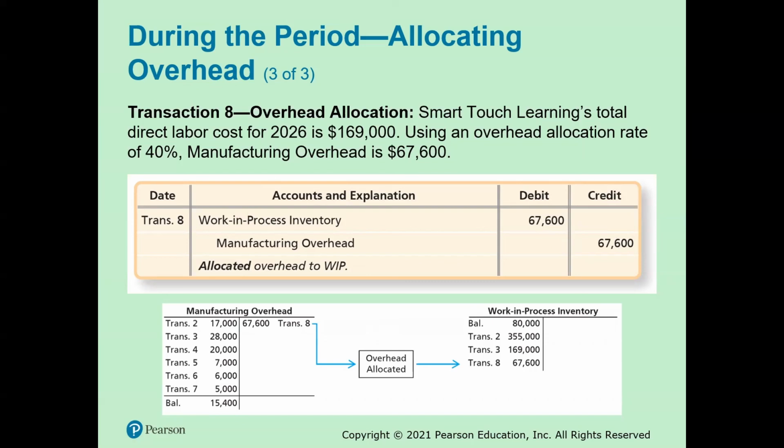Here you see the journal entry to record the allocation of overhead. There's a debit to work in process inventory of $67,600, and there is a credit to manufacturing overhead of $67,600.